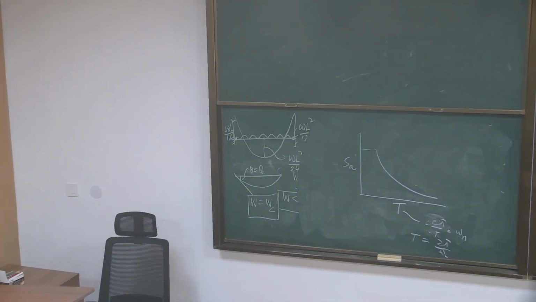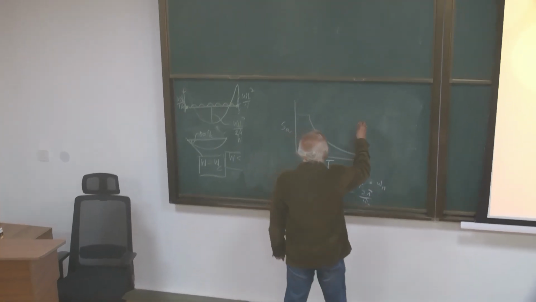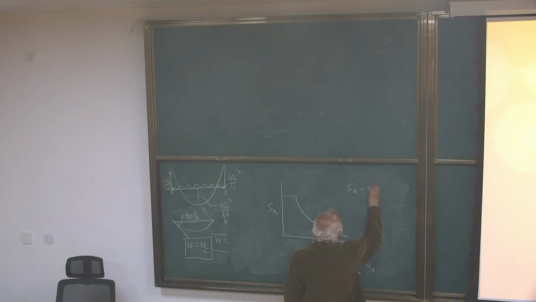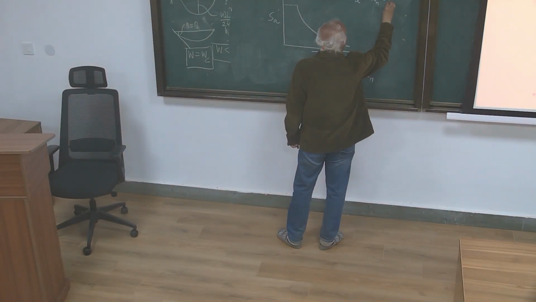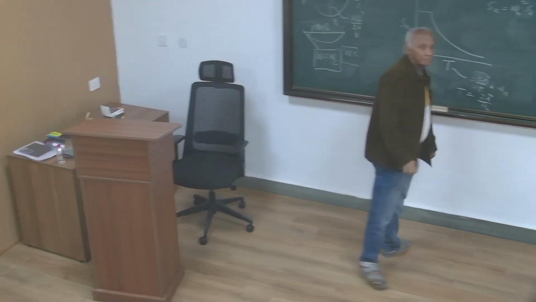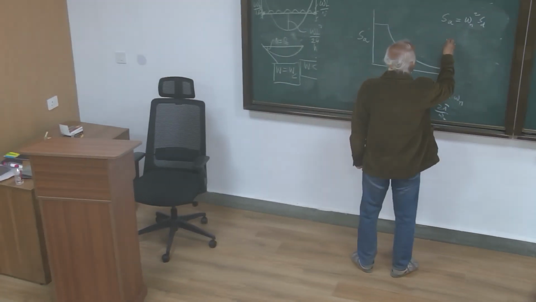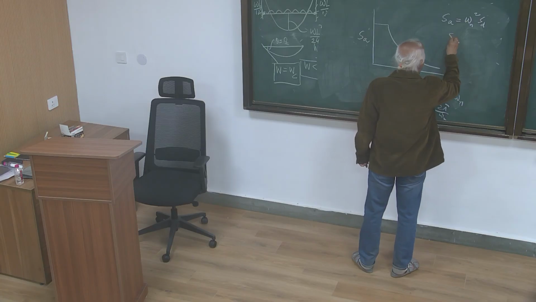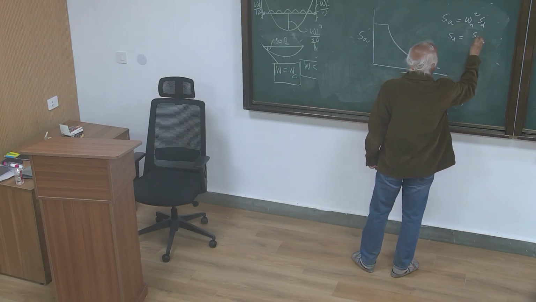And SA is the spectral acceleration. And the definition of the spectral acceleration is SA is equal to omega n square SD. So you can get SD as SA by omega n square.